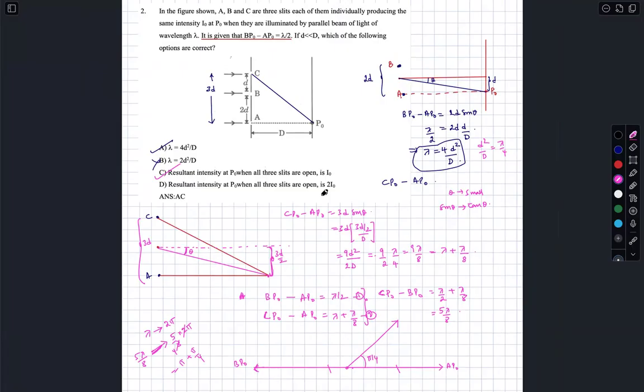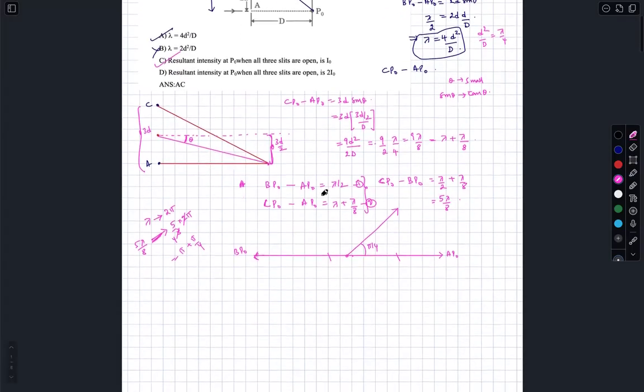Thereafter, you will get a conclusion about the phase angles of these three sources. Only then can I conclude about the final intensity part.